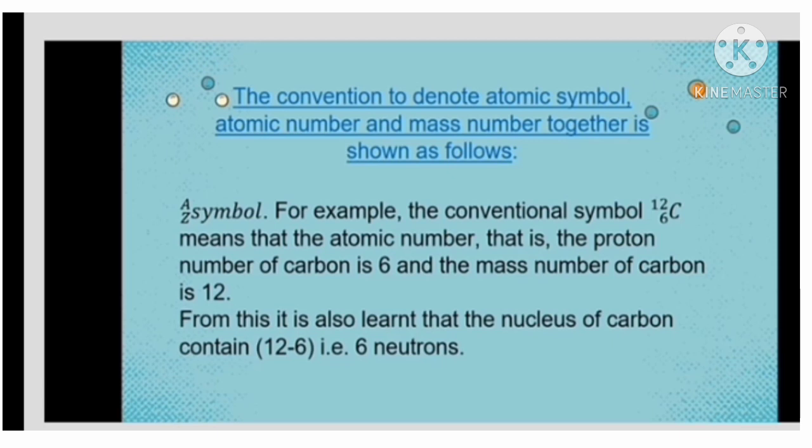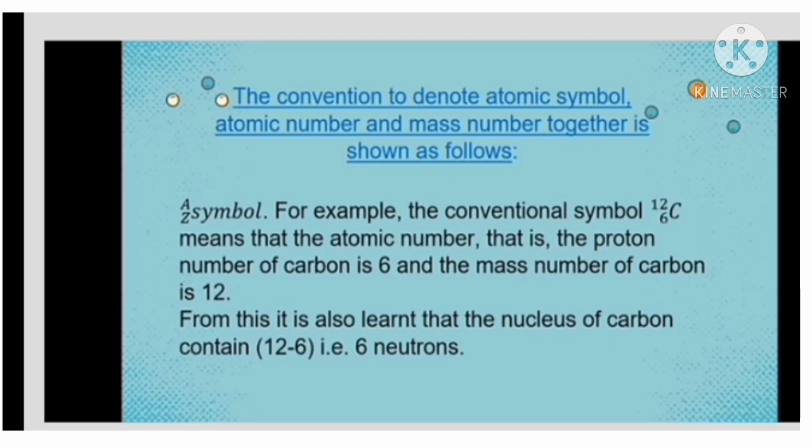For example, the conventional symbol for carbon: the atomic mass number of carbon is 12 and atomic number is 6, meaning the proton number of carbon is 6 and the mass number is 12. From this it is also learned that the nucleus of carbon contains 12 minus 6, that is 6 neutrons.